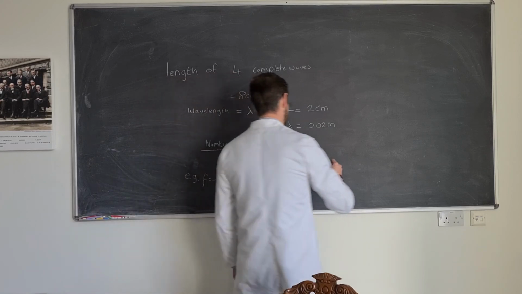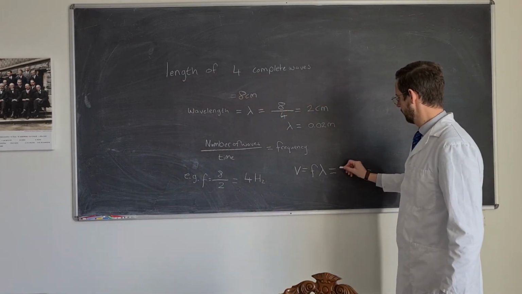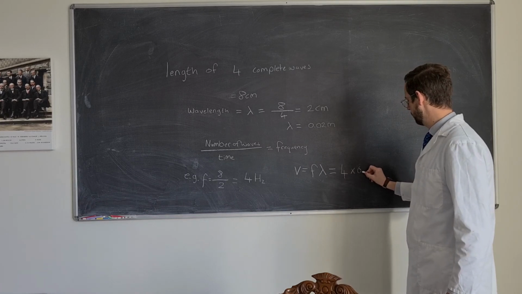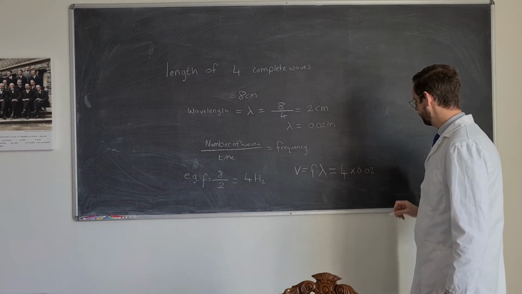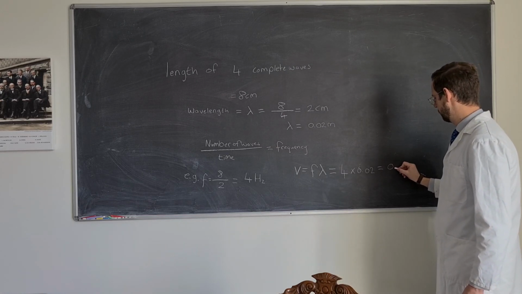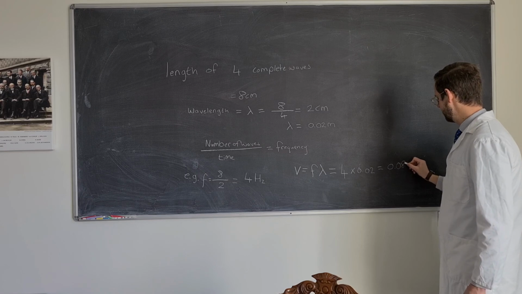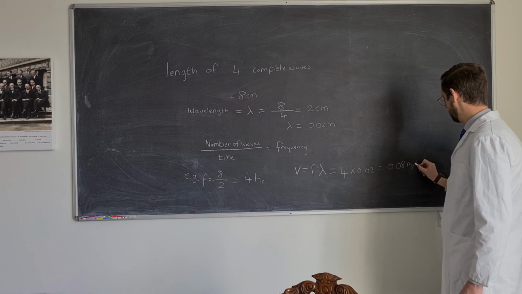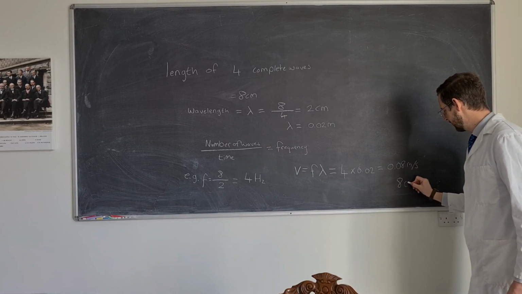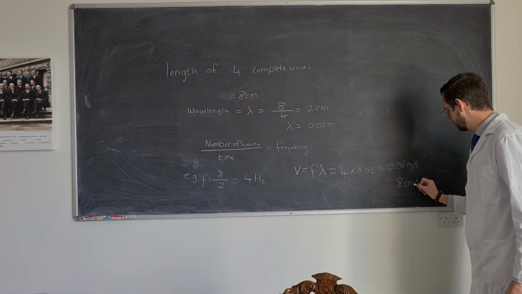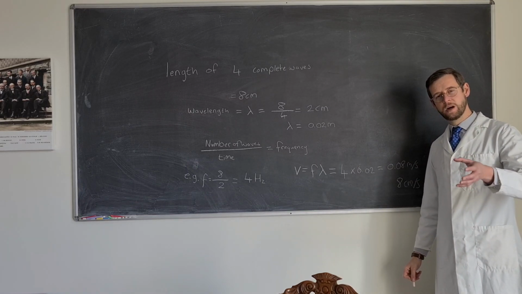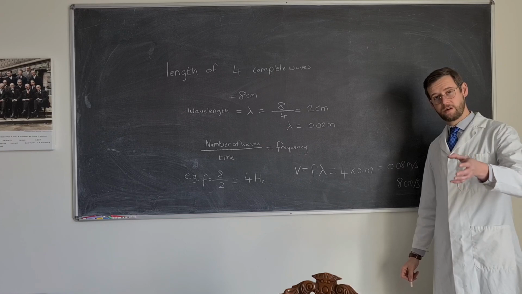Now we have up here in our example 4 as the frequency and 0.02, which means our wave speed is 0.08 metres per second, or alternatively it is 8 centimetres per second. Using the data that you have collected, can you work out what the wave speed was on the ripple tank?